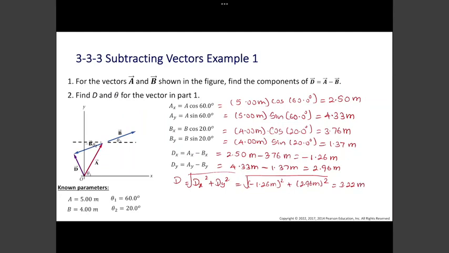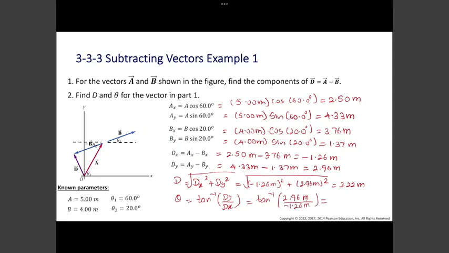And again the angle theta: tan theta is dy over dx, and theta is tan inverse of dy over dx, which is tan inverse of 2.96 meters over minus 1.26 meters.